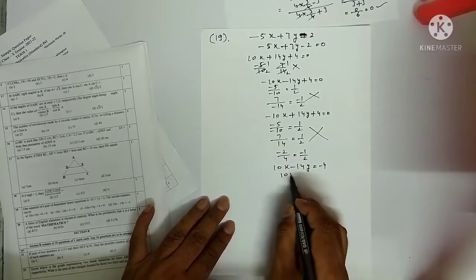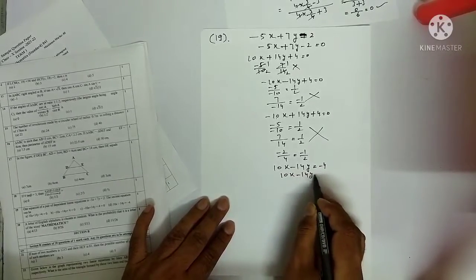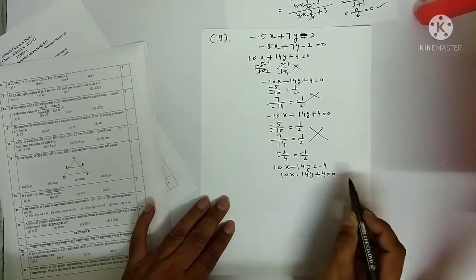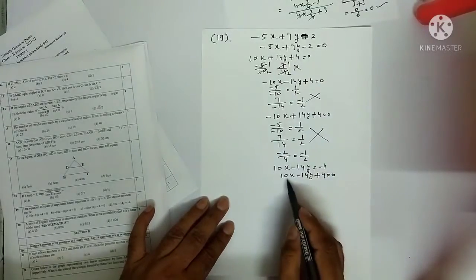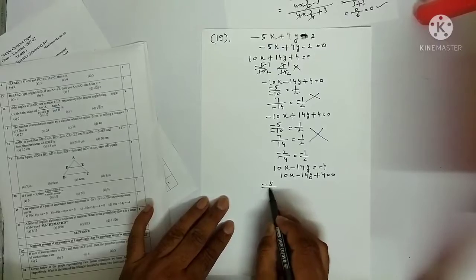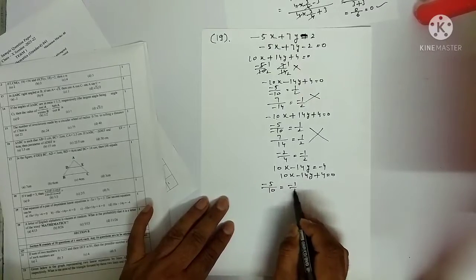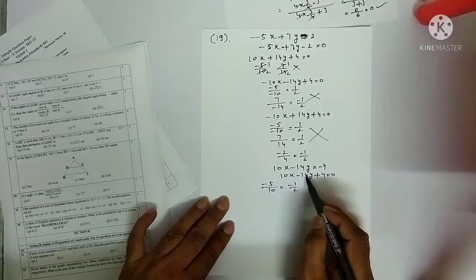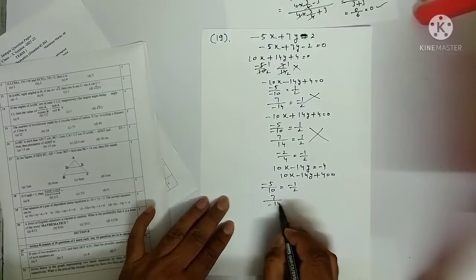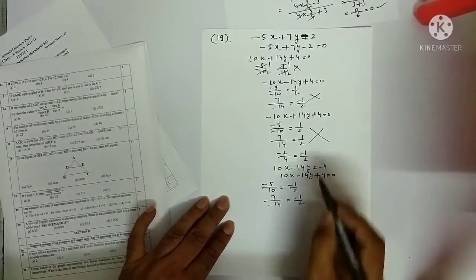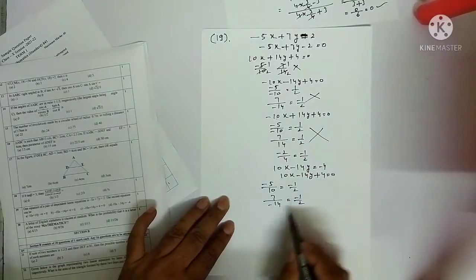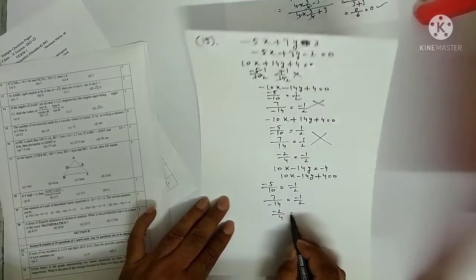So what you do is make it 10x minus 14y plus 4 equal to 0. Now do minus 5 upon 10. It will give minus 1 by 2. Then you do 7 upon minus 14. This will come minus 1 by 2. Then you do minus 2 upon 4. This also came minus 1 by 2.